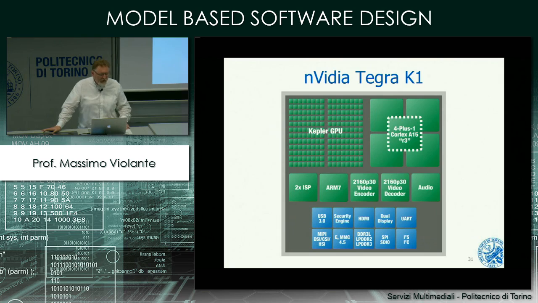And this is the last example, the NVIDIA Tegra K1. You can see here that we have computing cores besides the graphical processing unit. This is a device that is one of the contenders for automotive applications, because thanks to the capability of the graphical processing unit, it could perform a massive amount of computation in a very compact form factor with very low power consumption.